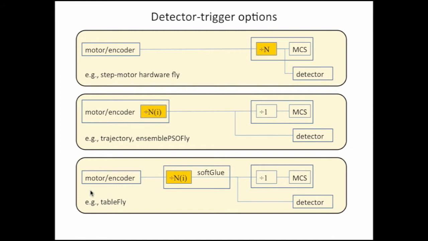So I think for almost any motor at APS, you can do some kind of a trajectory scan, certainly some kind of a hardware fly scan, and for many of them you can do fly scans in which the data acquisition locations are specified in an array.